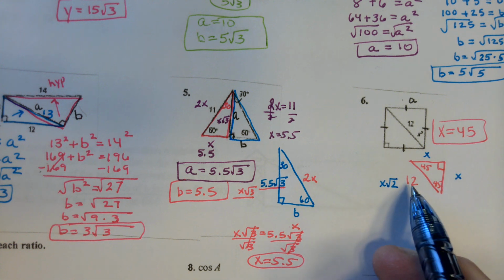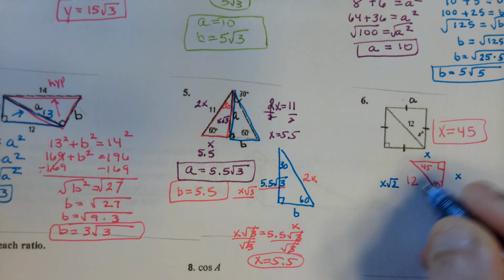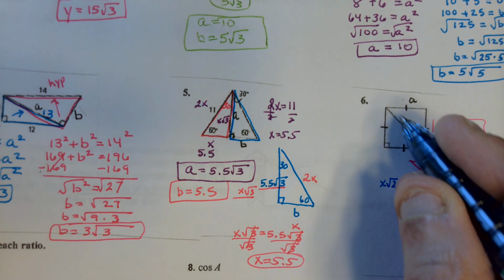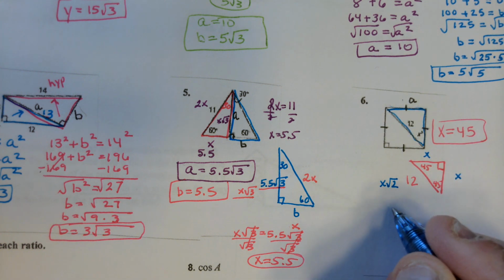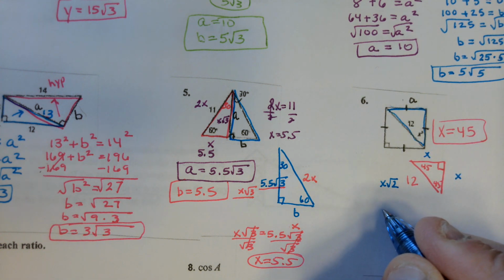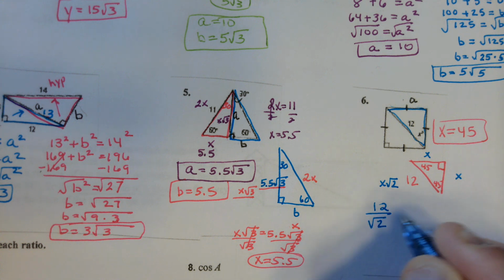So remember how we go from the hypotenuse to the legs? Divide by square root of 2. That's right. And that's the side I want right here, A. I'm tracing this right there. So I have 12 divided by square root of 2.